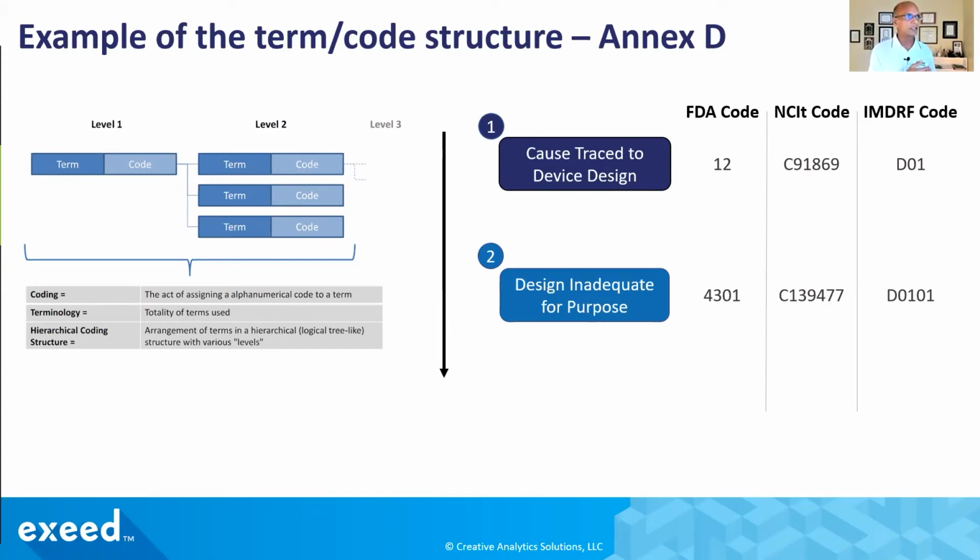Cause traced to device design, that's a high level, or design inadequate for purpose, that's a lower level. There's no level 3 term in this cause investigation, Annex D, as far as I could tell. So what it's, I think, giving regulators is a playbook, to basically see the link between what is being reported in a complaint, device problem, and clinical signs and symptoms and medical effect, and what the investigation is finding.